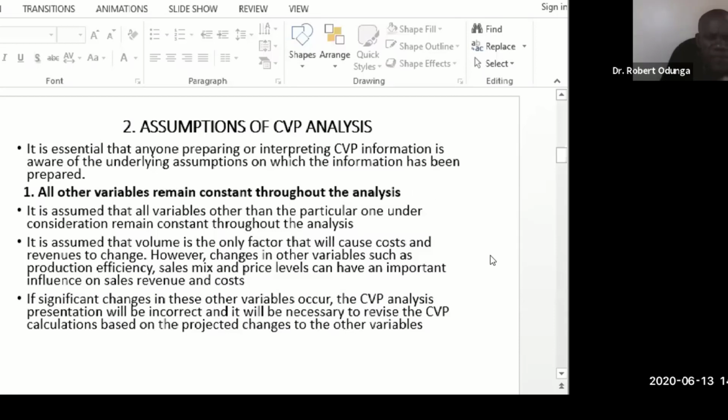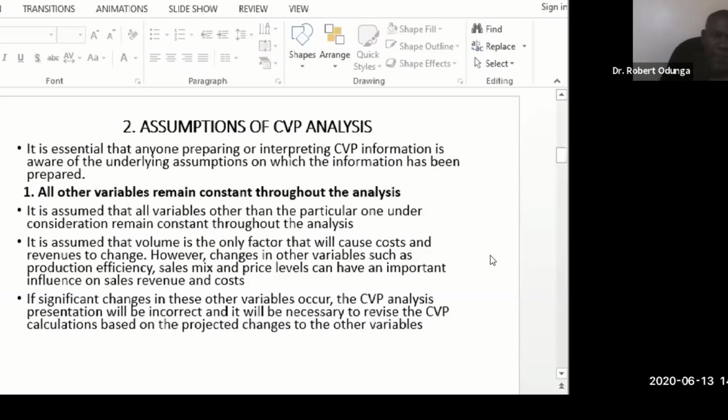Now, if significant changes in these other variables occur, the CVP analysis presentation will be incorrect, and it will be necessary to revise the CVP calculations based on the projected changes to the other variables.